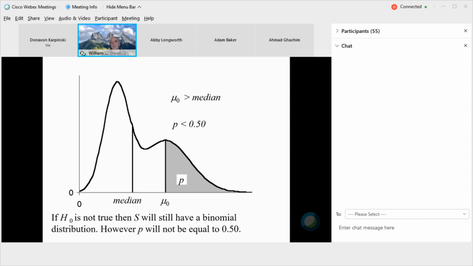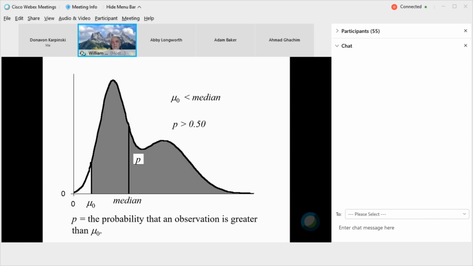It'll be P, which could be anything from 0.5 down to 0. If the median is greater than mu naught, then the chance of an observation being above mu naught could be quite a bit higher than 0.5. It'll still have a binomial distribution.